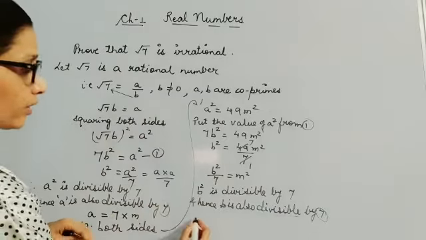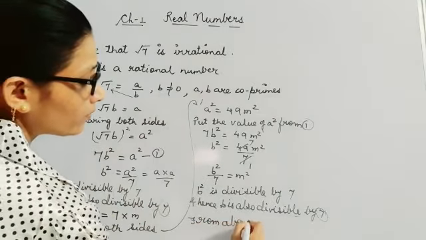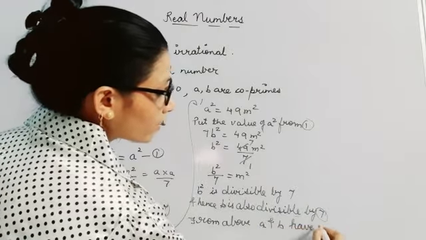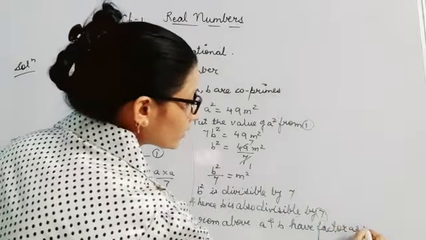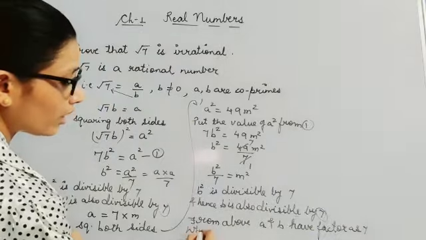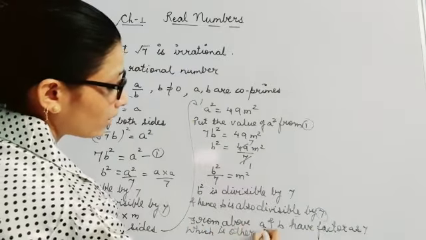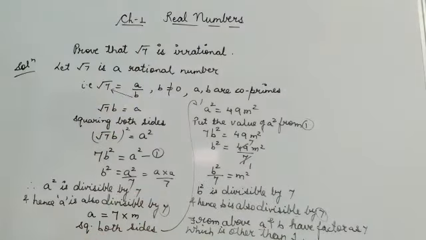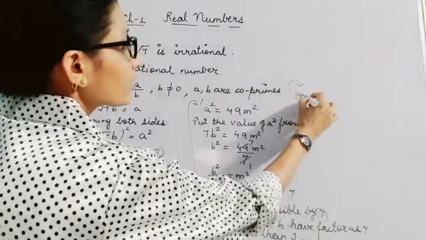So we will write from above: a and b have a factor 7, which is other than 1, hence it contradicts.